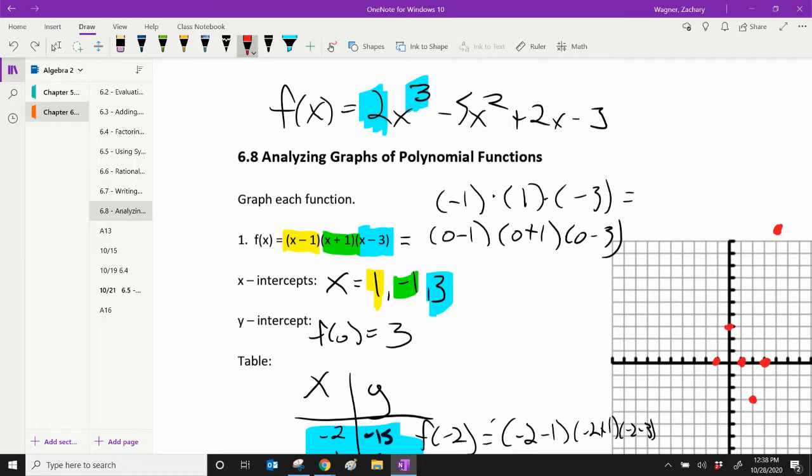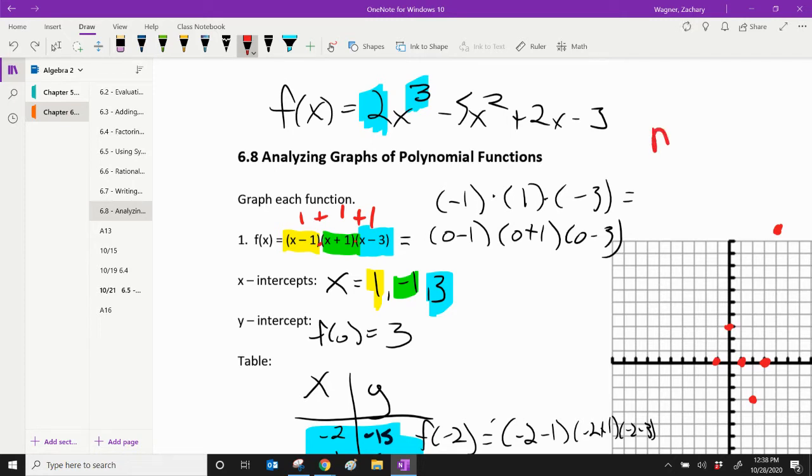My degree is 3 because when you're in factored form, you add the degrees. Because we're multiplying here, that's why we add. We do not add these degrees because we're subtracting or adding; that doesn't change the degree. Multiplication changes the degree, addition does not.